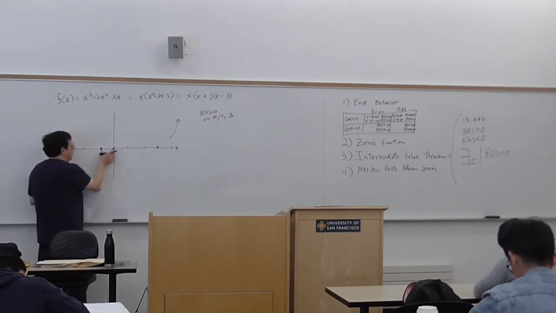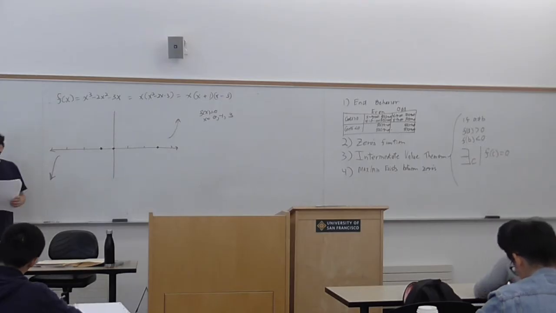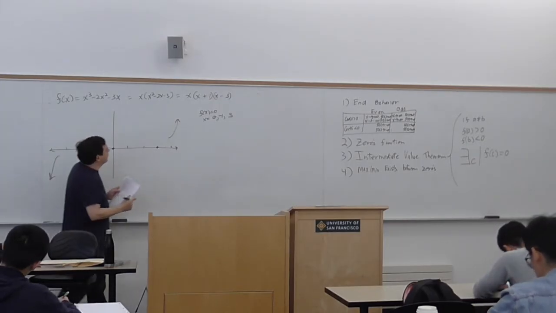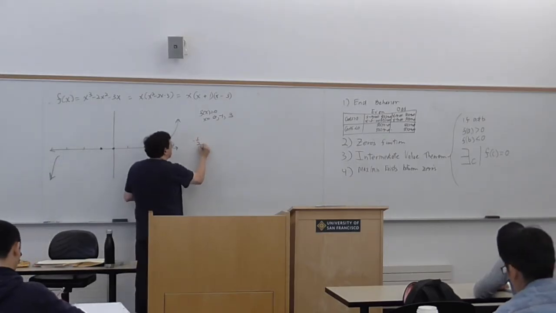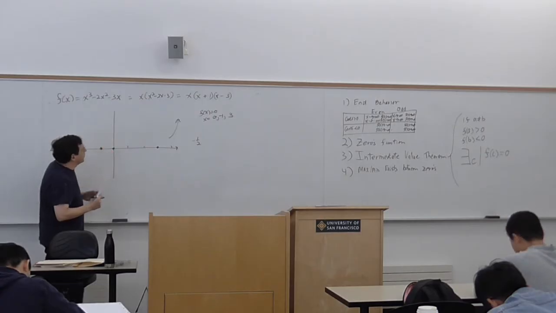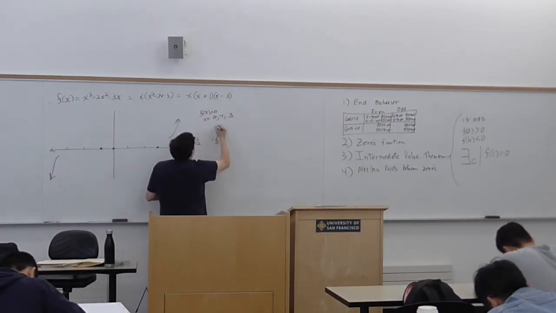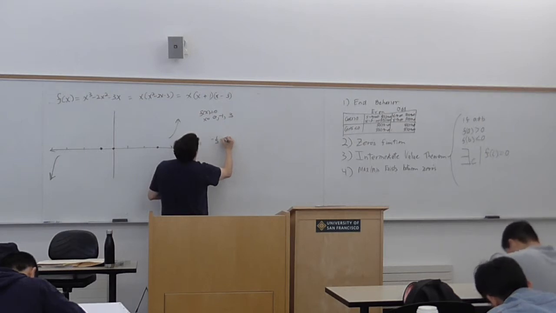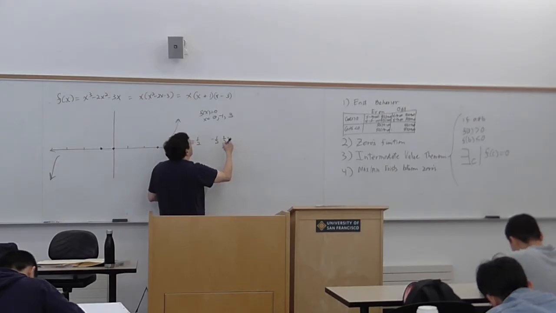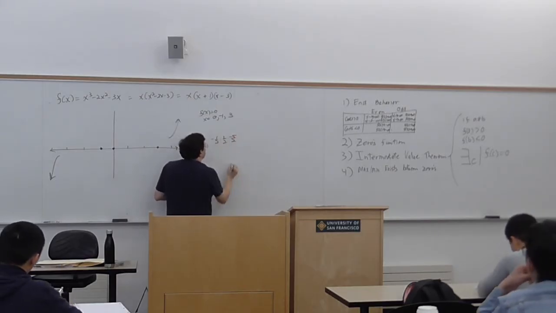Okay, we know between these points and these points there will be a maximum or a minimum. Again, let's try that point negative a half, just to get a feel for where the max is going to be. So negative a half times negative 1/2 times half minus 3 is negative 5/2.